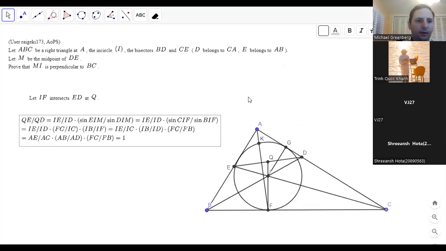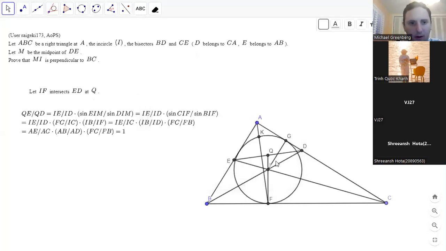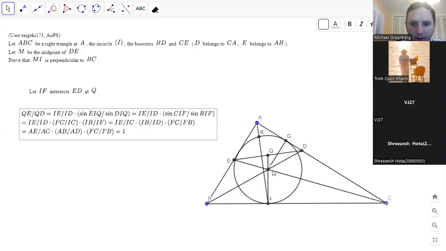It's all right. So yeah, let me read through this. So QE over QD, it's IE over ID times sine, oh, let's change the M to a Q. EIQ over DIQ, which is IE over ID times sine CIF over sine DIF.